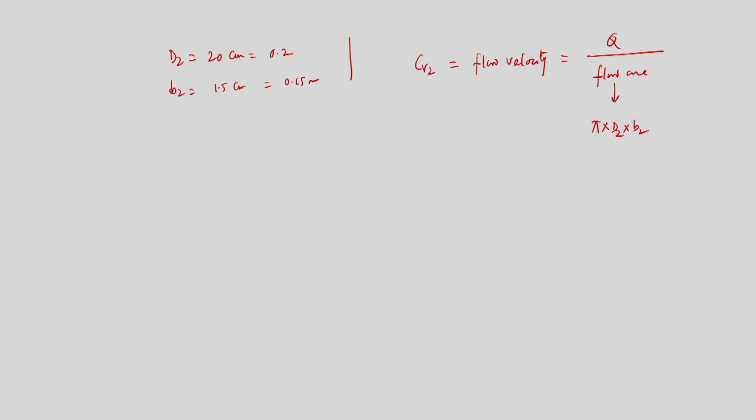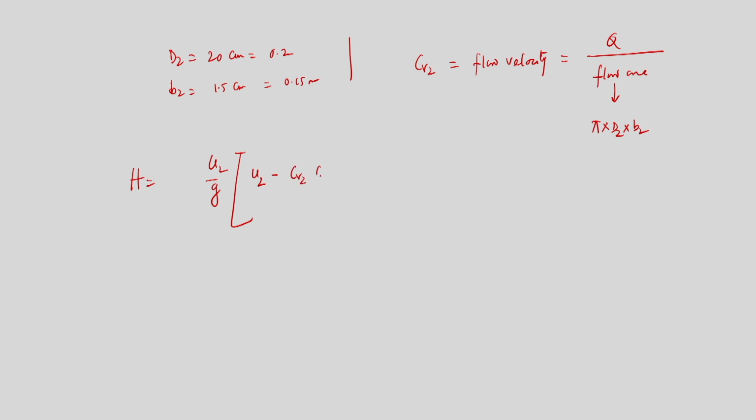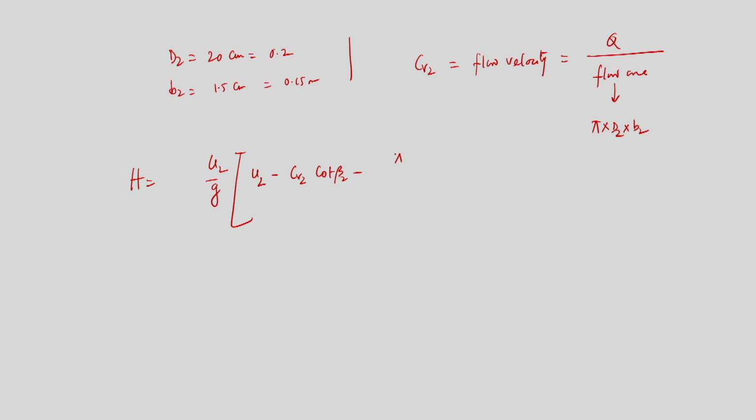If I write again the expression of H, that H is equal to U2 by g into U2 minus C theta 2, where C theta 2 is equal to U2 minus Cr2 cot beta 2, minus pi U2 sin beta 2 by Z for slip.